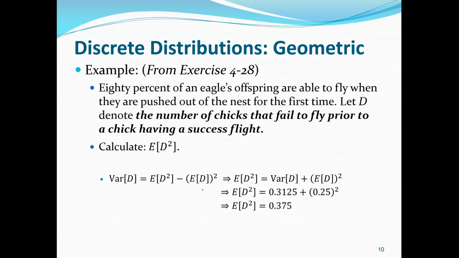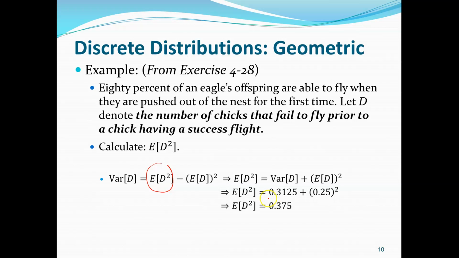We're going to add the expected value of D, the quantity squared, to both sides. And we end up getting the expected value of D squared is equal to the variance of D plus the expected value of D, that quantity squared.